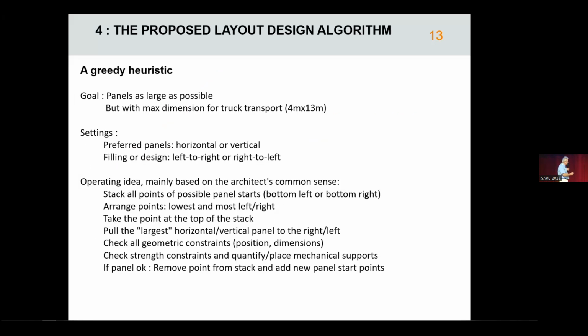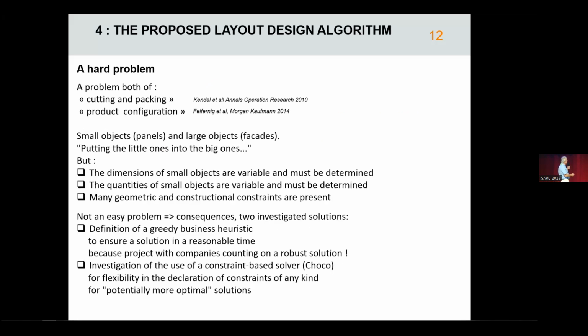But the dimensions of small objects are variable and must be determined. This means that you can have different sizes. The quantity of small objects is variable and must be determined. This means that you have many, many variables: the size of the panels, position, and quantity.